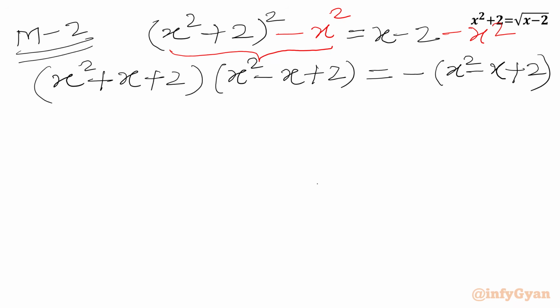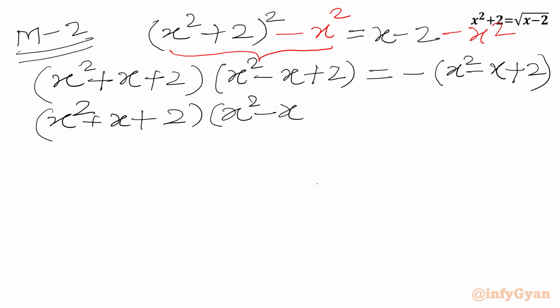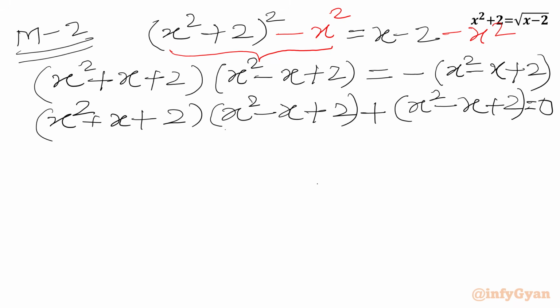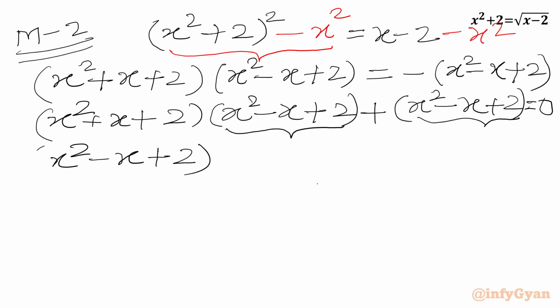Now we will write all the terms to the left hand side. So we will get x square plus x plus 2 times x square minus x plus 2, plus x square minus x plus 2 equal to 0. Now we will take x square minus x plus 2 common out. So we will write x square minus x plus 2 in one bracket.